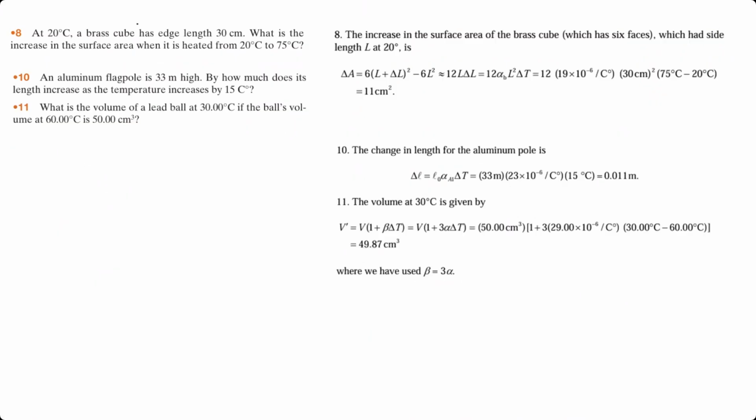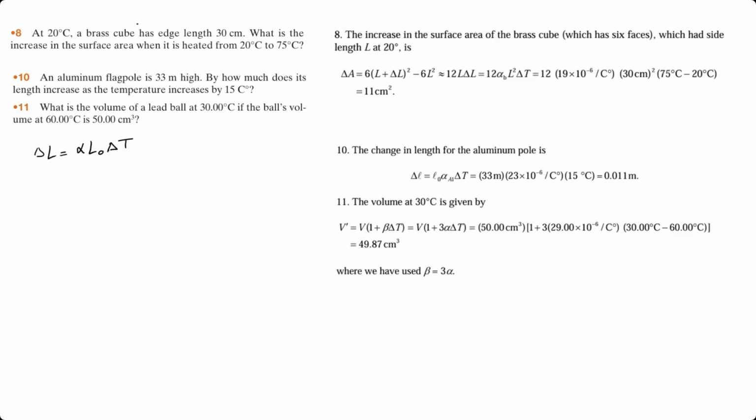All right, now some questions on the thermal expansion, where I gave you the formula delta L equals alpha L0 delta T. So we're given at 20 degrees Celsius, a brass cube has edge length 30 centimeters. What is the increase in the surface area when it's heated from 20 degrees Celsius to 75 degrees Celsius?